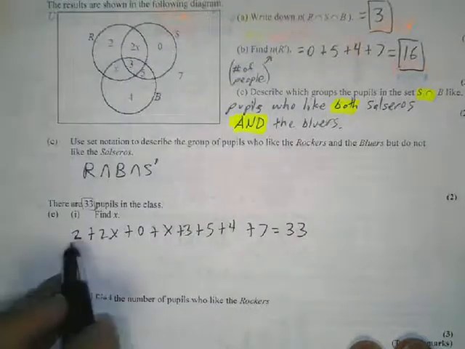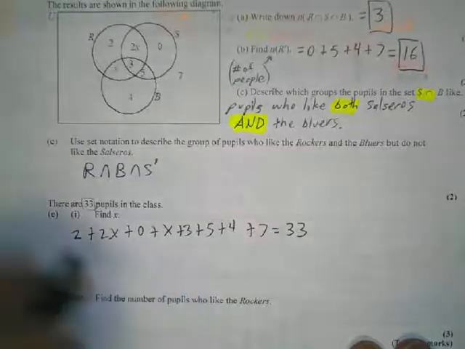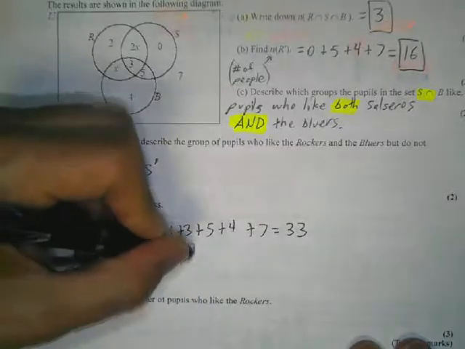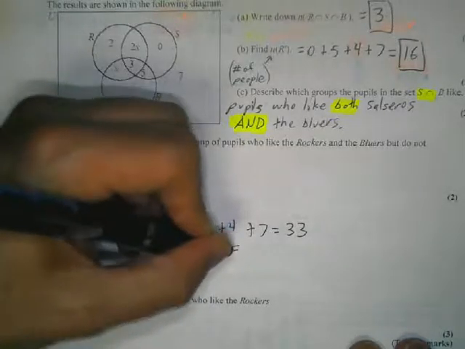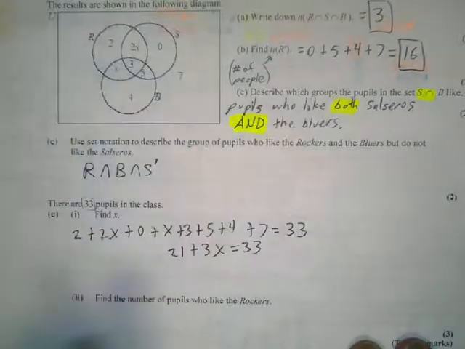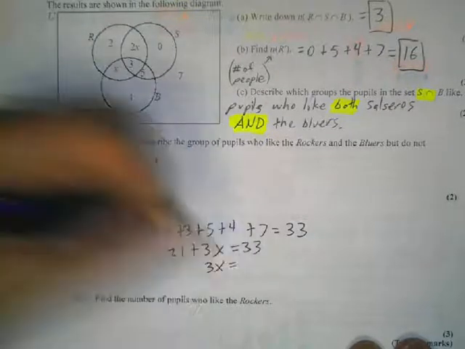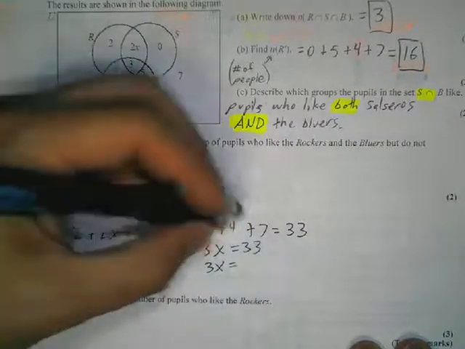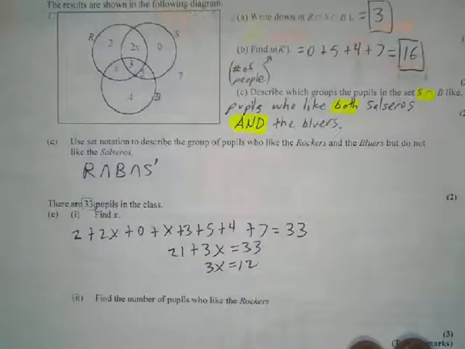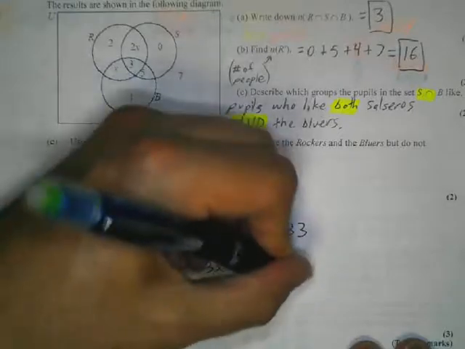So we end up with 21 plus 3x equals 33. So we subtract 21 on both sides. We get 3x equals 12. Divide both sides by 3. We get x equals 4.